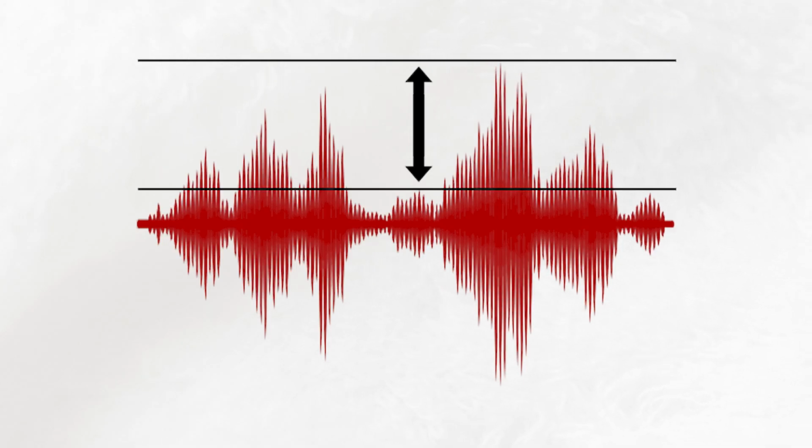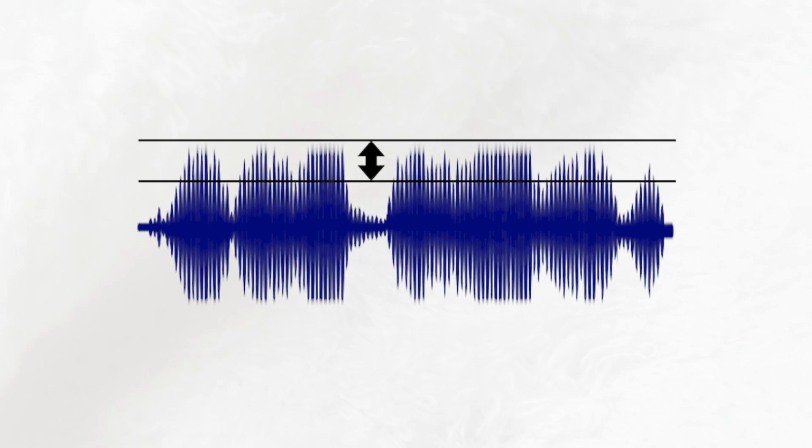Okay, so this video is not a deep dive into what compression is, but as I realize some of you may not know, the absolute shortest version is that compression is a way of taking an extremely dynamic audio source, dynamic meaning that there is a really big difference between the loudest parts and the quietest parts, and compressing them into a much less dynamic audio signal, meaning that there is a lot smaller difference between the loudest and quietest parts.